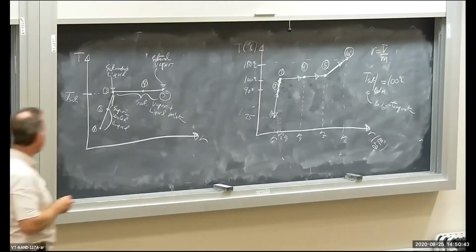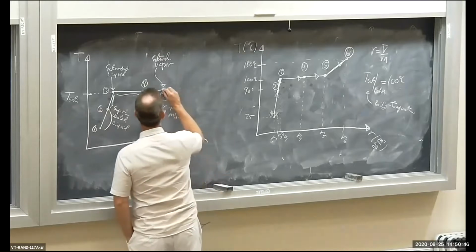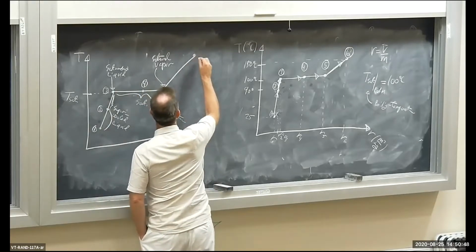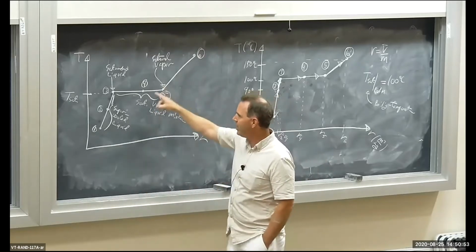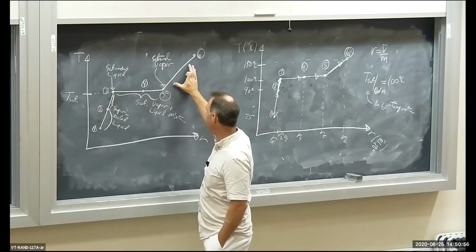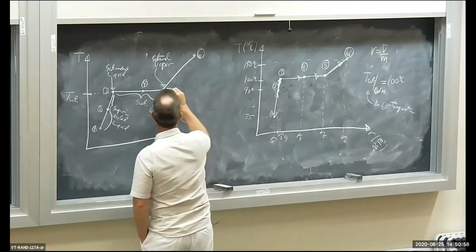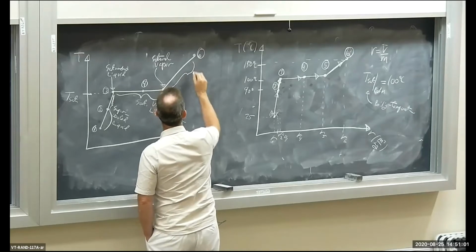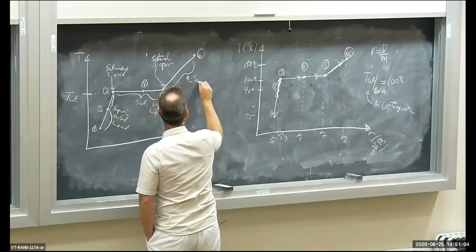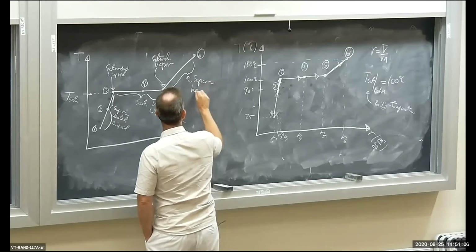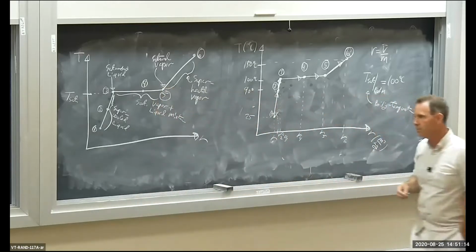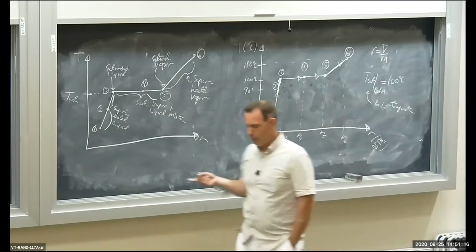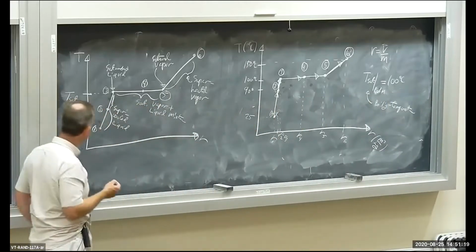Then I add a bit more heat and temperature goes up, and I get to state 6. When my temperature exceeds the saturation temperature, I'm out here. This is what's called a superheated vapor. Superheated vapor, okay? So there's several different states or phases here.